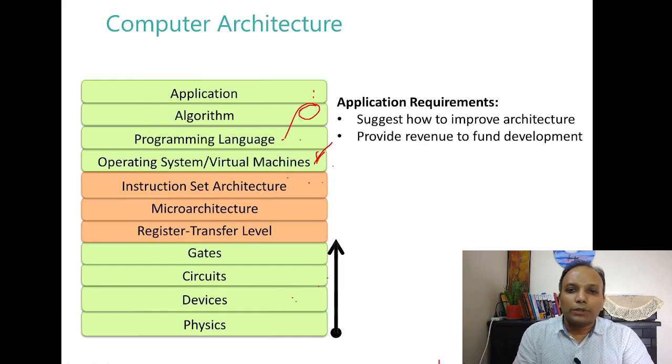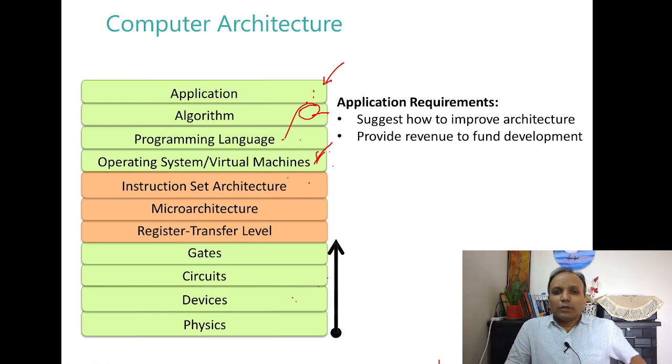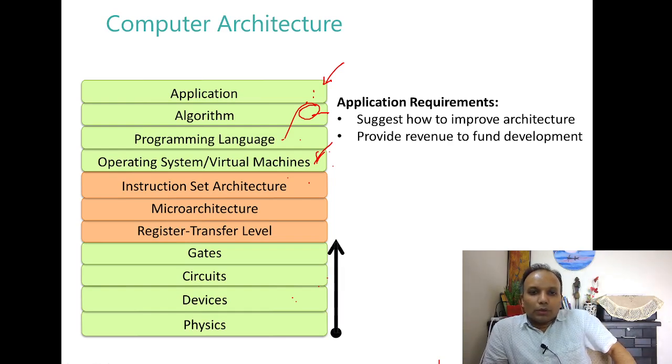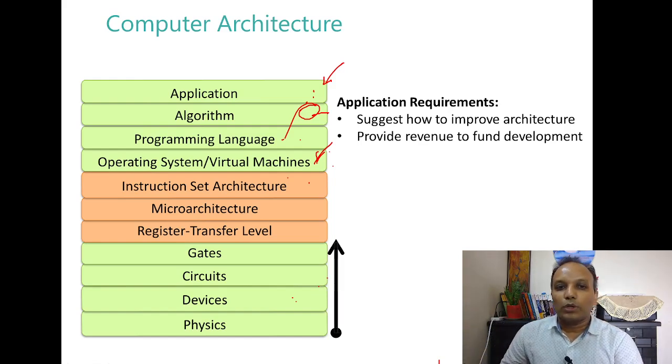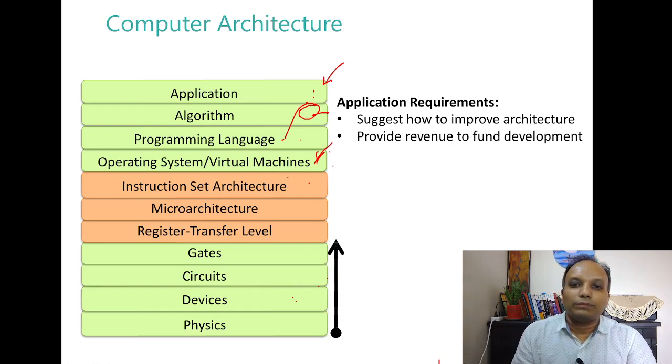All these innovations are getting driven from the application point of view, because we want faster and faster computers, and the traditional computers may not be able to provide the kind of performance you are looking for. So you try to propose innovations at each and every abstraction level, and they can happen in parallel. You do not have to rely on the other abstraction level. That is another beauty of this.